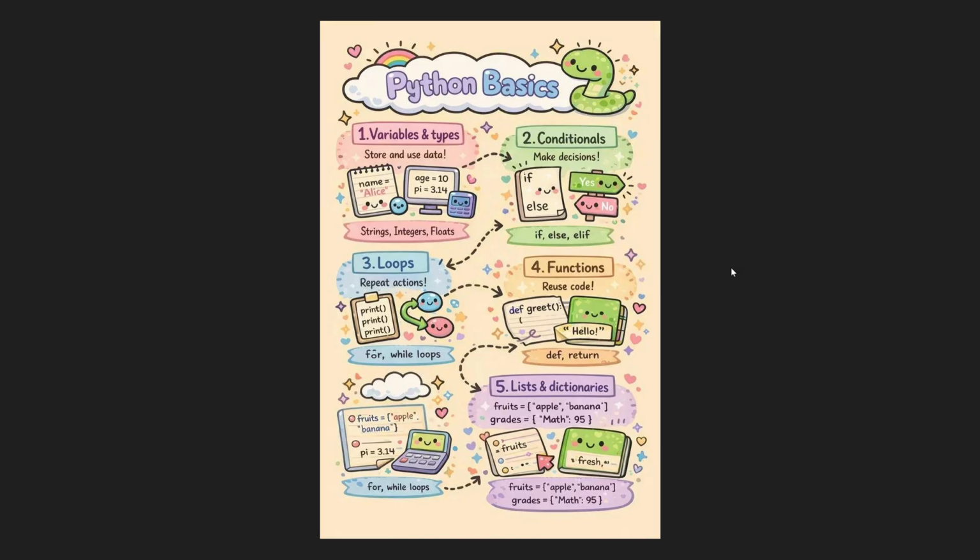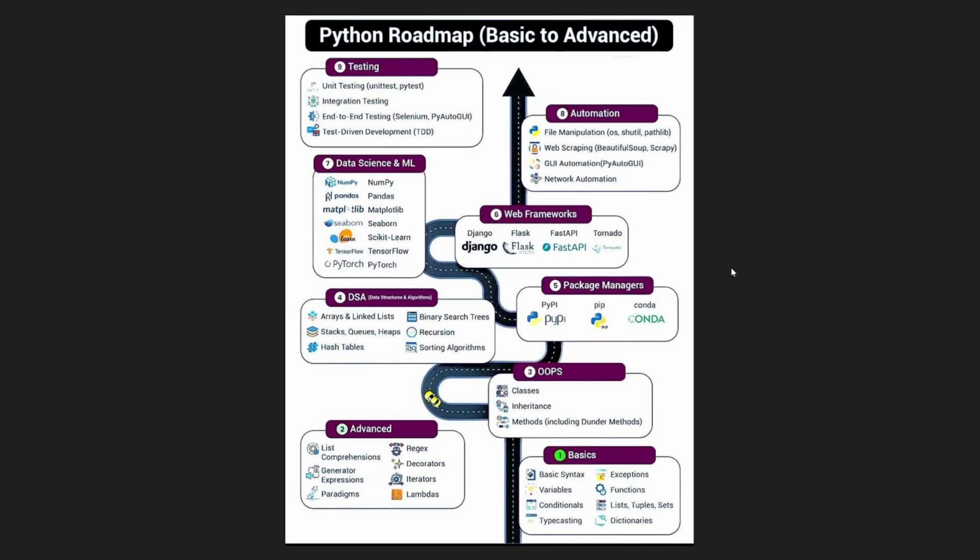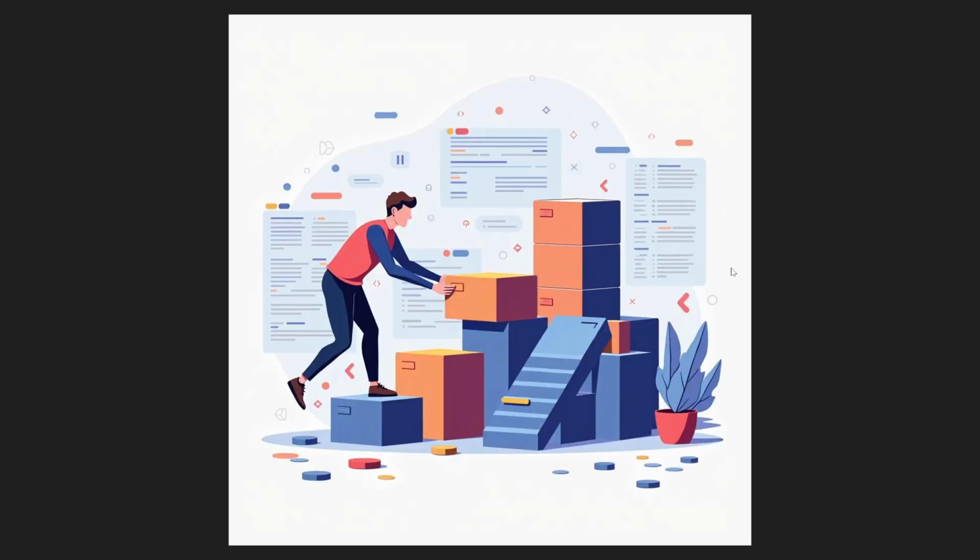Try to learn exception handling, file handling, and object oriented programming and its principles. In this stage, you have to learn all the Python fundamentals. After learning the base, you have to move on to the next part.